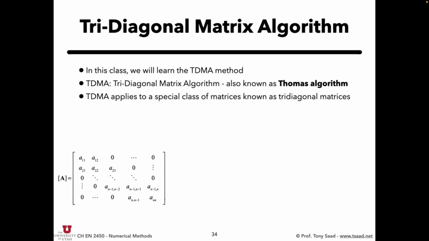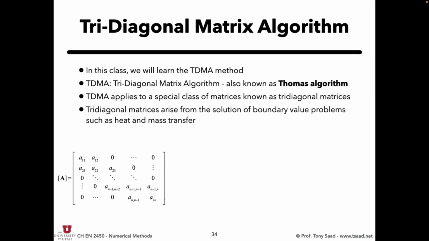Now, this method applies to special kinds of matrices called tridiagonal matrices, for which there are only 3 non-zero diagonals: the main diagonal, first upper diagonal, and first lower diagonal. Everything else is zeros. What's so special about this matrix is that, actually, that's what we just solved.